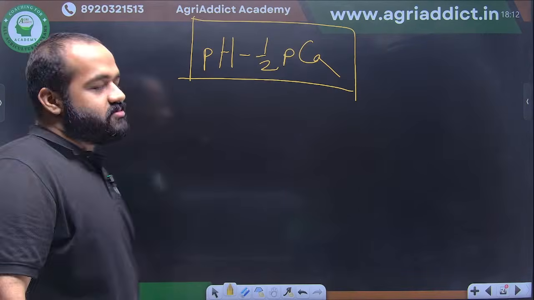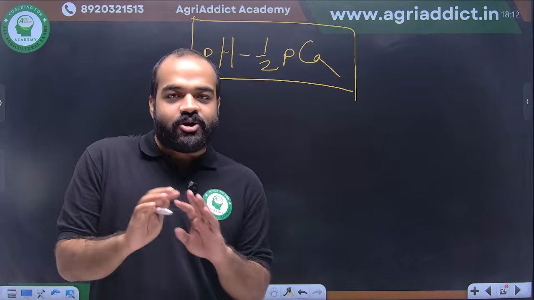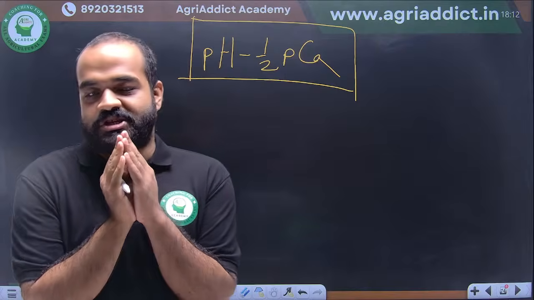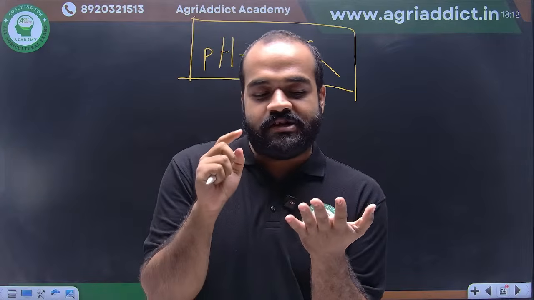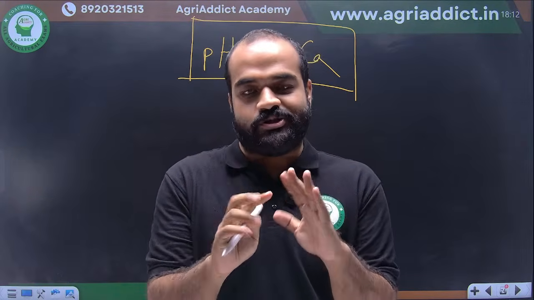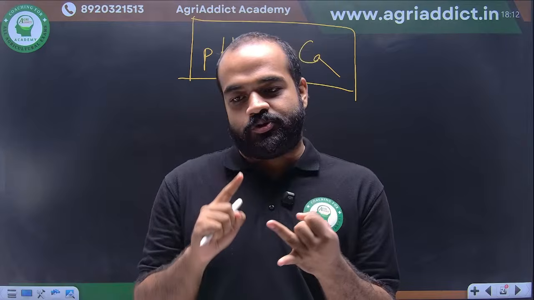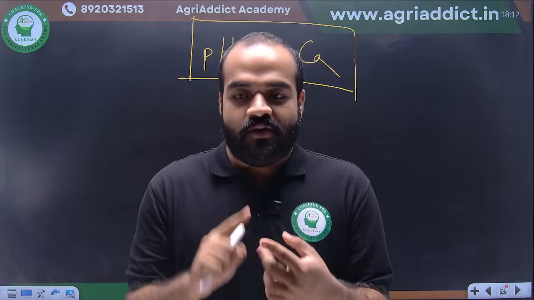When the scientists were devising or trial and erroring with various methods of measuring the soil pH, they were trialing various ratios. 1:2, 1:2.5, 1:5, 1:10.